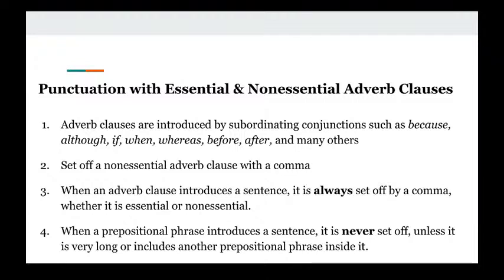Rule number 2, set off a non-essential adverb clause with a comma. Rule number 3, when the adverb clause introduces a sentence, it is always set off by a comma, whether it is essential or non-essential. And for rule number 4, when a prepositional phrase introduces a sentence, it is never set off unless it is very long or includes another prepositional phrase inside of it.